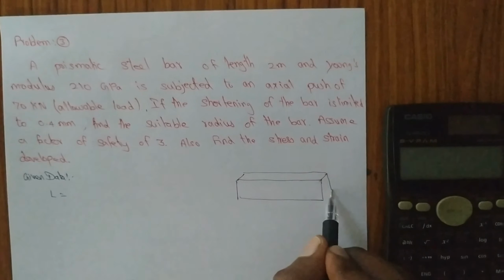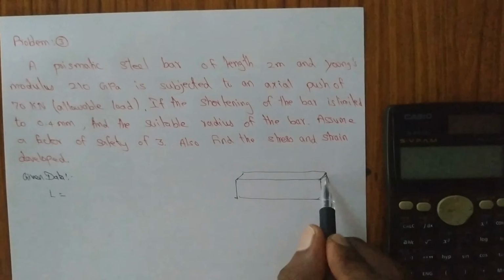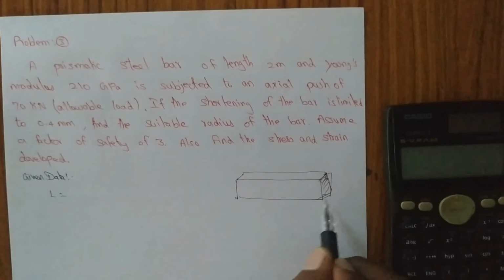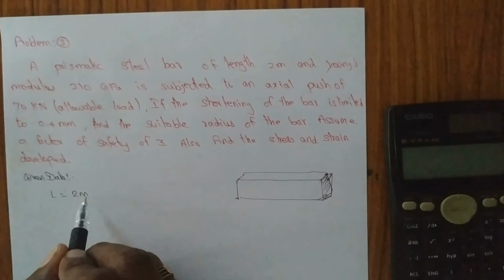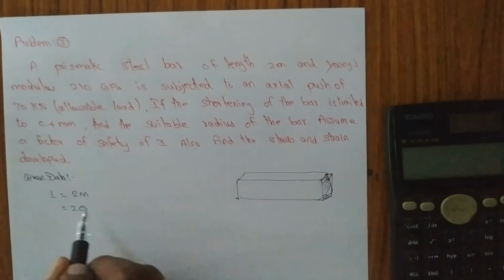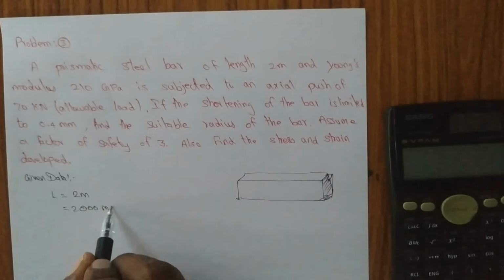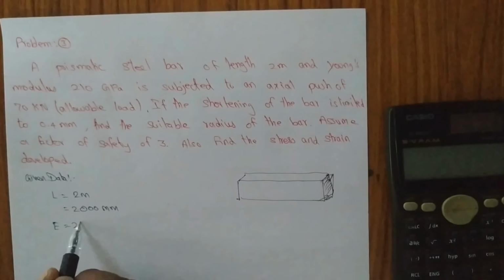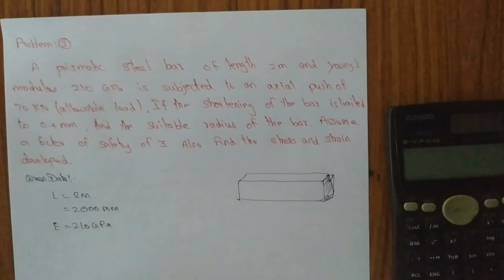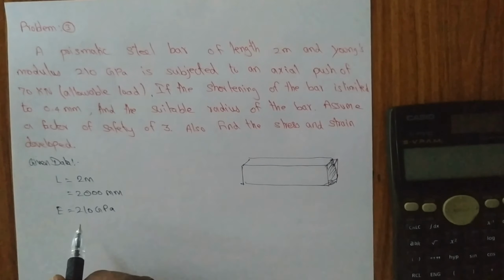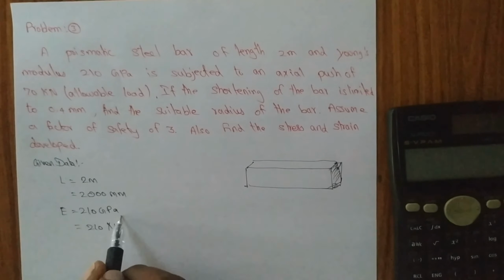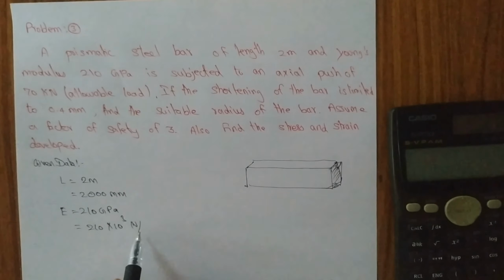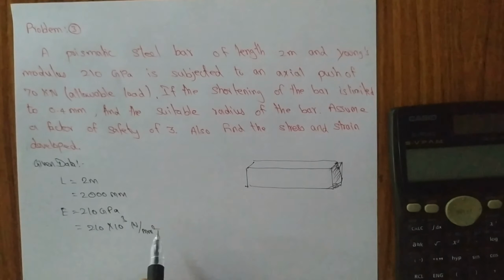The length is 2 meter, so we'll change this to 2000 mm. And Young's modulus 210 gigapascal, so we have to change this to Newton per mm square: 210 into 10 to the power of 3 Newton per mm square.